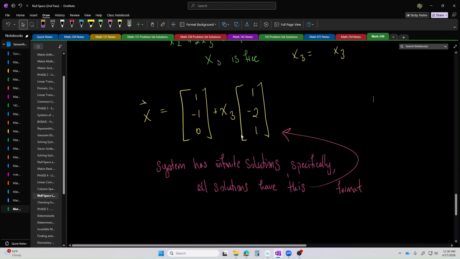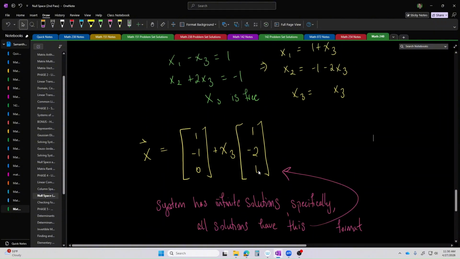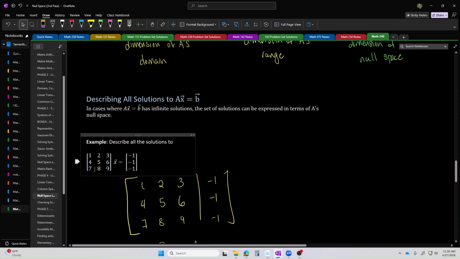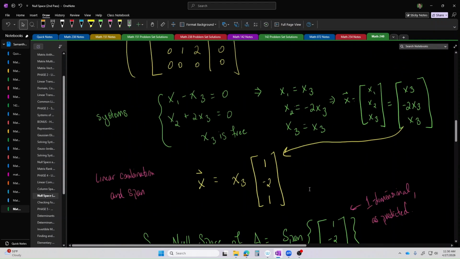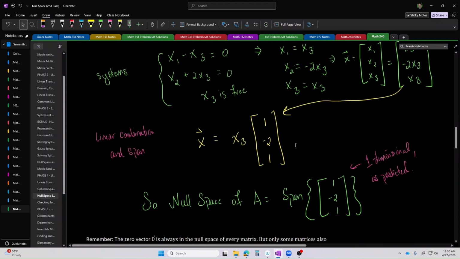Now, what I want to note about this equation right here is that it's very similar to the null space that we found earlier when we were working with this exact same coefficient matrix. When we were working with this coefficient matrix A and we were looking at the null space, the null space was equal to x3 times this vector 1, minus 2, and 1.